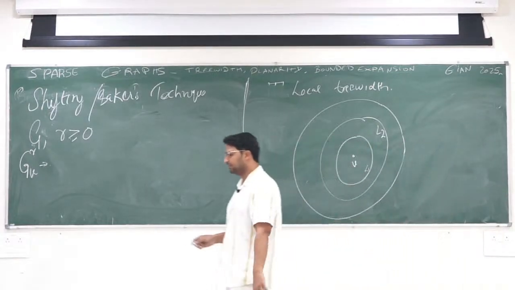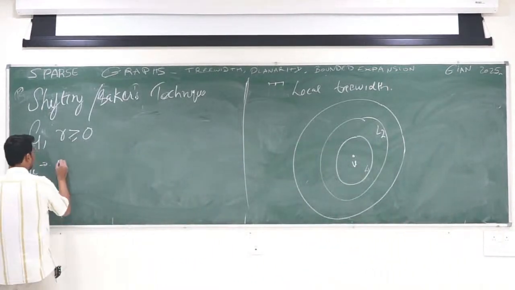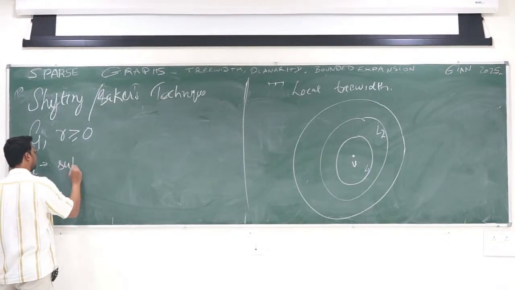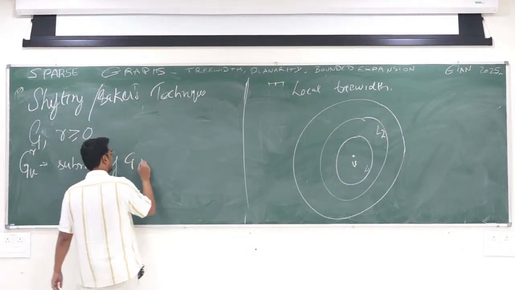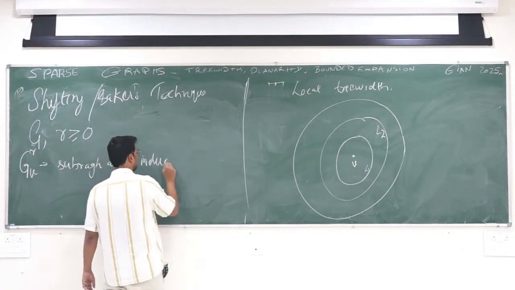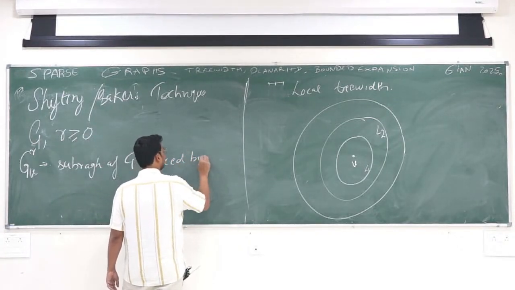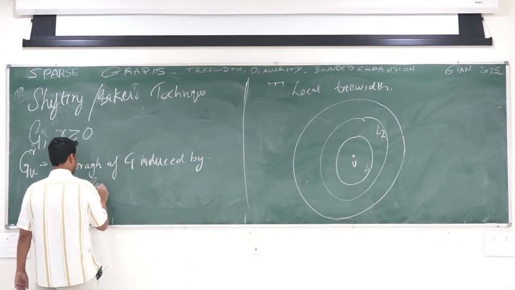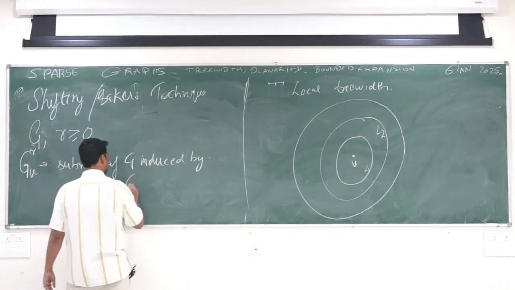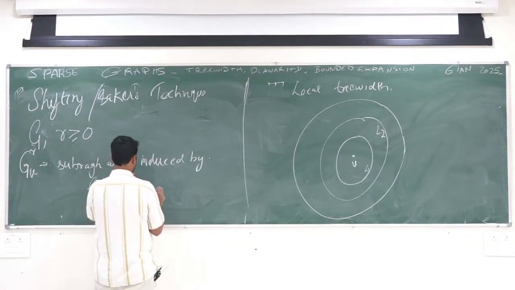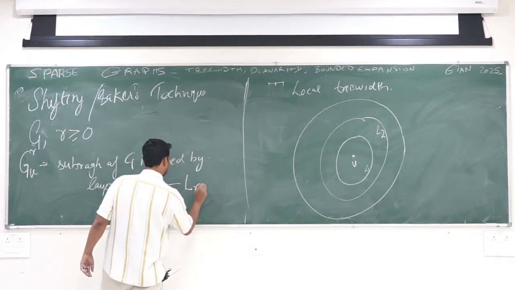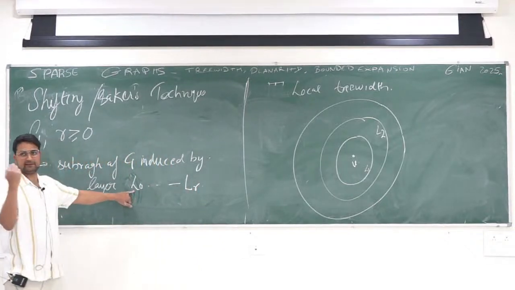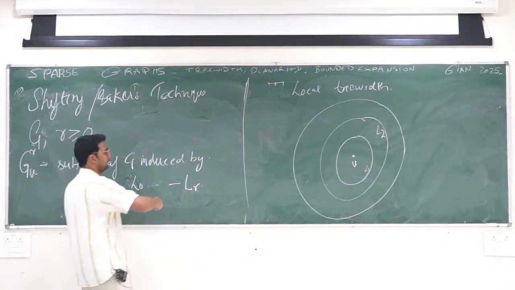Now, G_V(R) is the subgraph of G induced by layers L0 to LR. L0 is the vertex itself, and you see the layers.